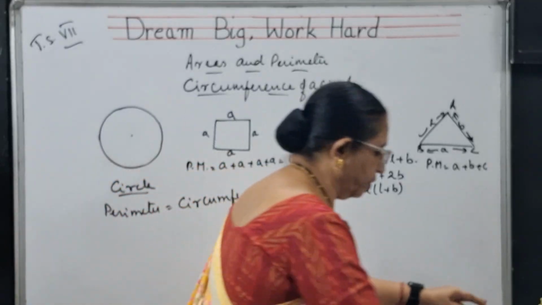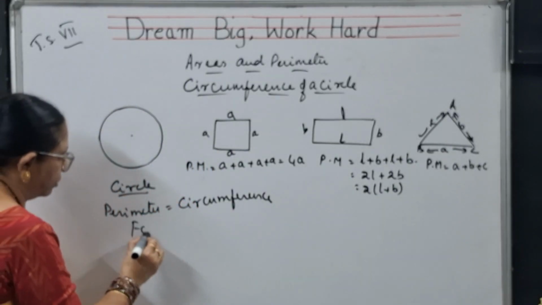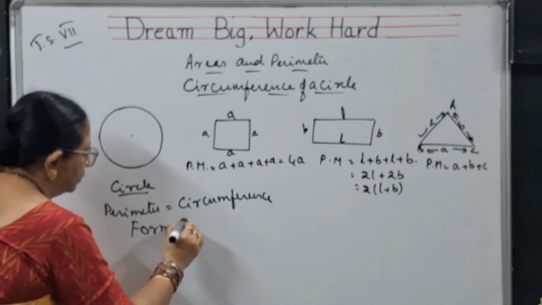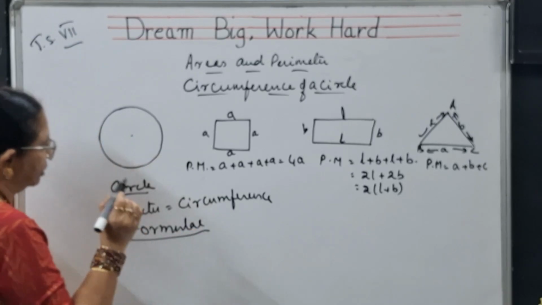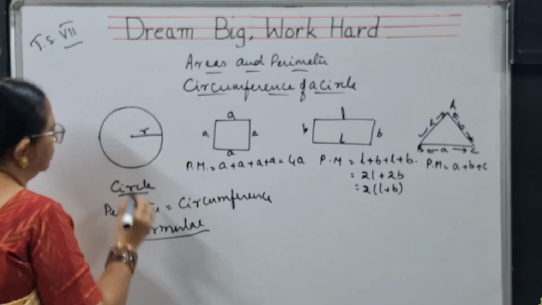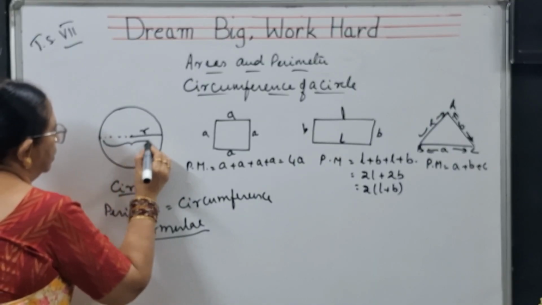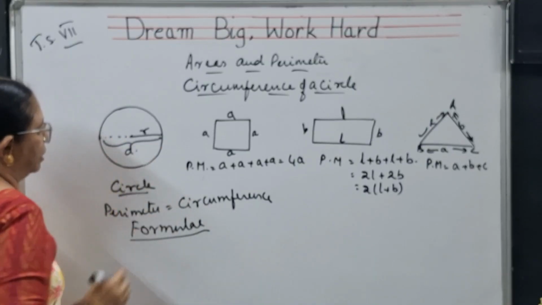When you are talking about circumference, you have got two different formulae. You know that this is the center and this is the radius. If you join, this whole thing becomes the diameter.